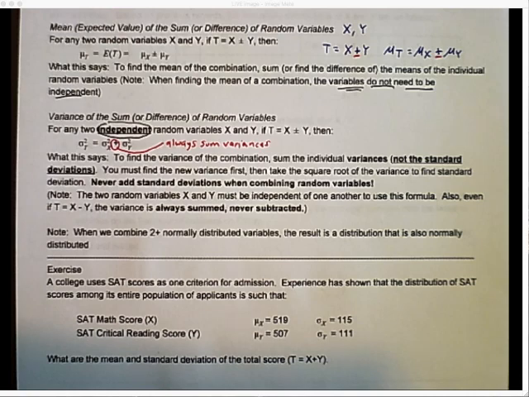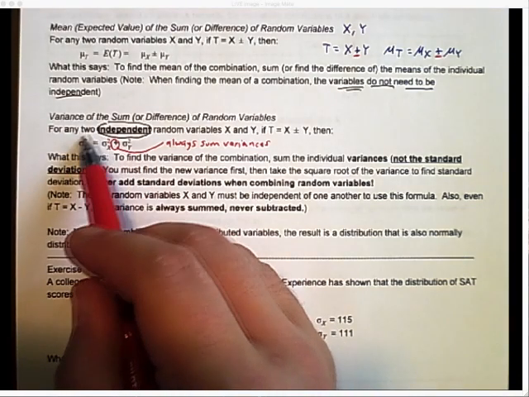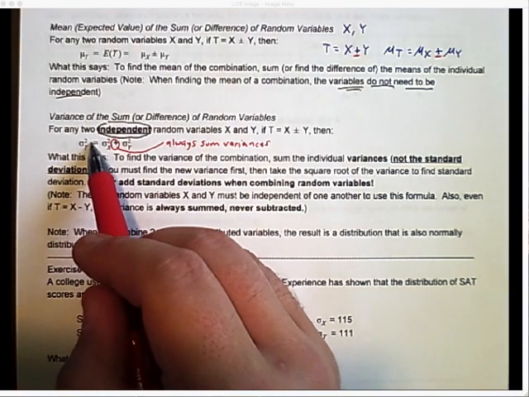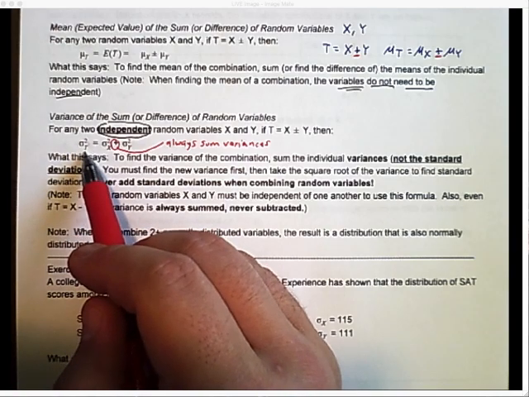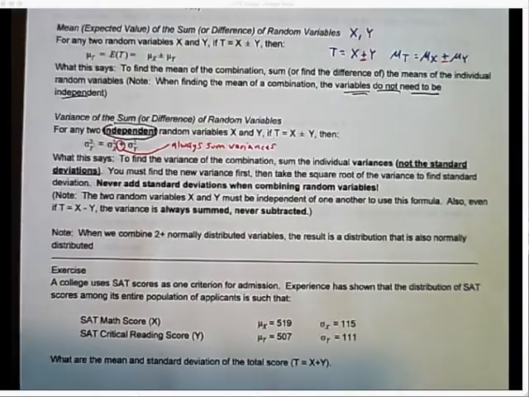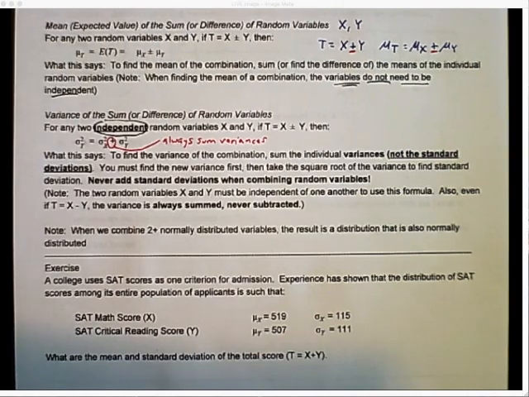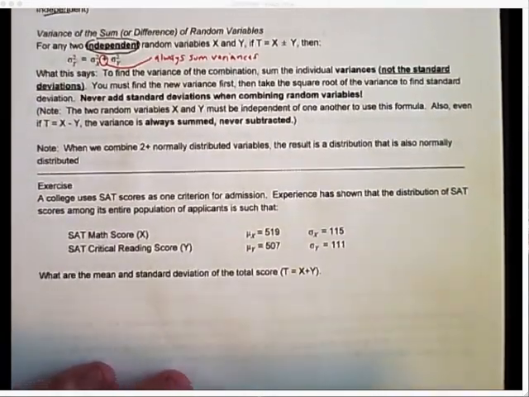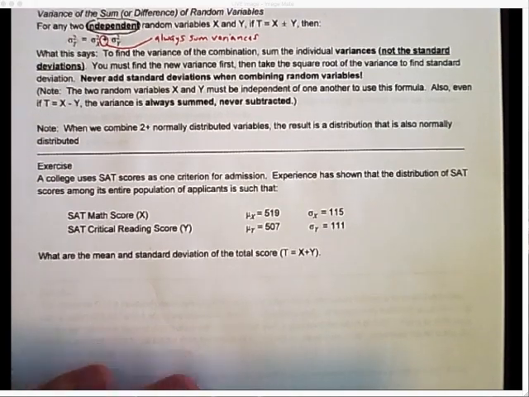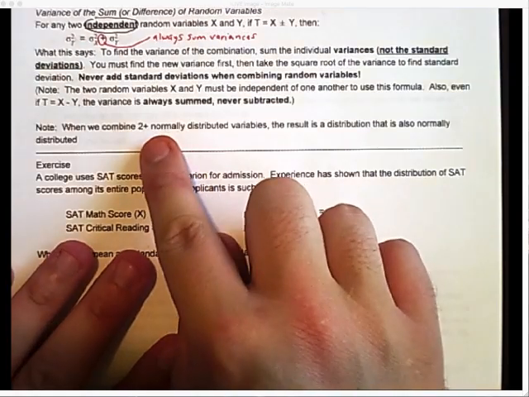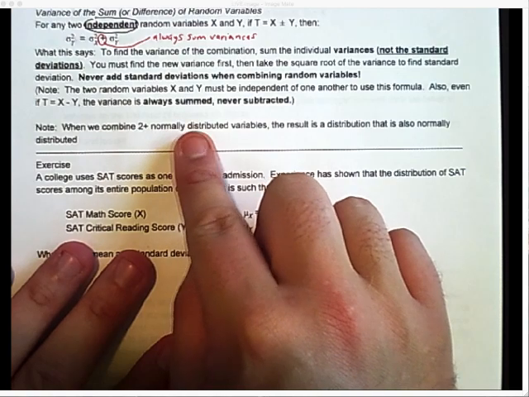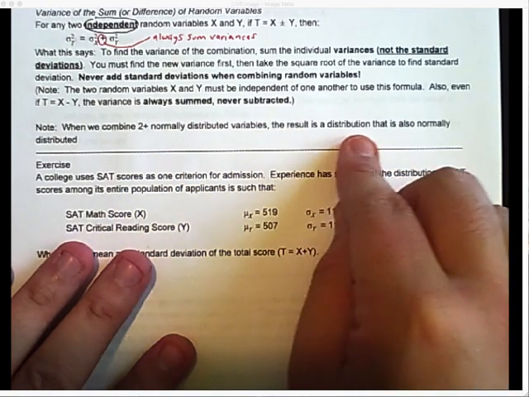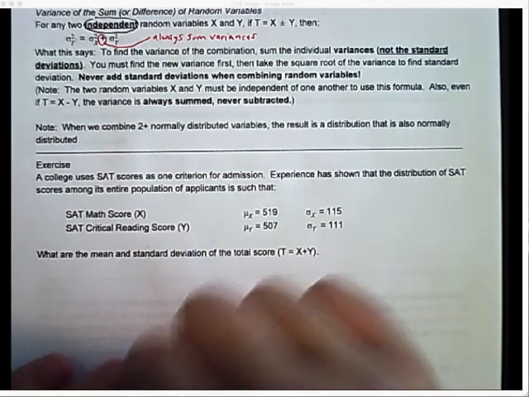You do not add standard deviations. If they asked you for the combined standard deviation, after you found this, you would just take the square root of this to find the new standard deviation. The new variance is always summed. And also what's important here is when we combine 2 normally distributed variables, the result is a distribution that is also normally distributed.